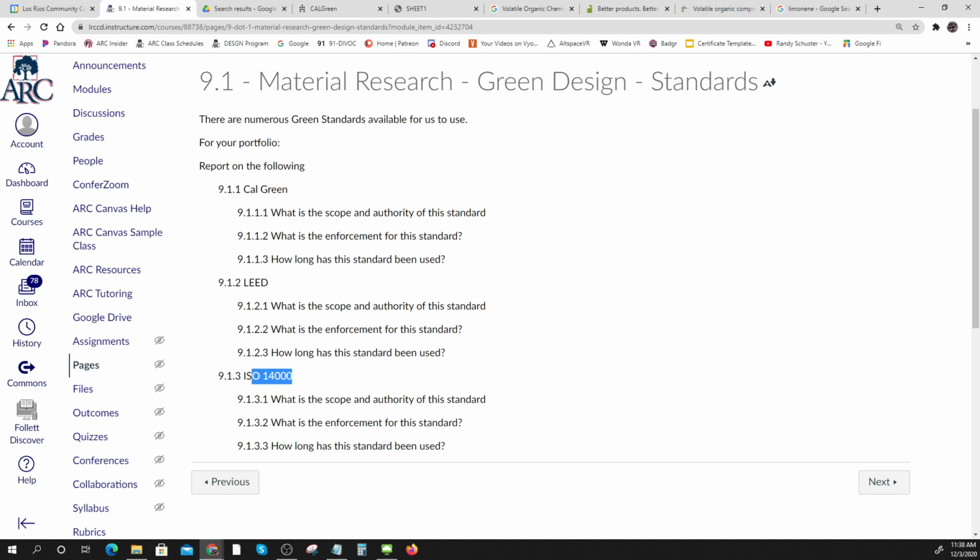And of course, we don't accept this in the United States, which is a shame. It's been around much longer than Cal Green, and it's an international standard which can be applied anywhere. It's an interesting one to look at.